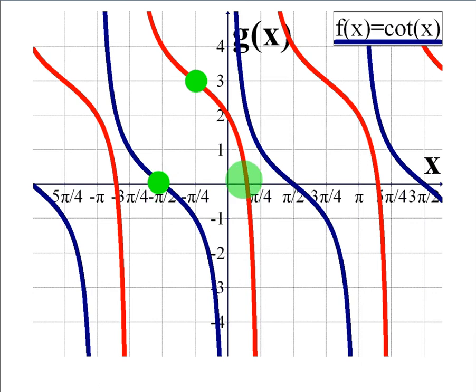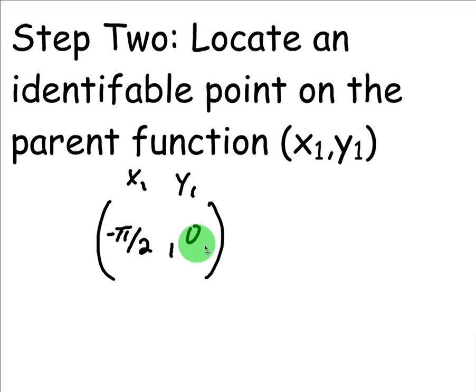And while you're thinking about that, let's talk about step 2. So once we've graphed them on top of one another, step 2 is to locate an identifiable point, or we could call it a center point, on the parent function. Now if it was a cosine or sine function, just pick the top or bottom of the wave. That'll work. Now if you're talking about the parent graph, though, for sine, it is in the middle of the wave, so pick that for sine.